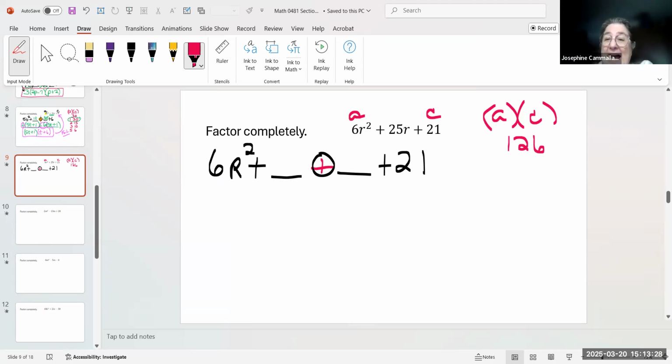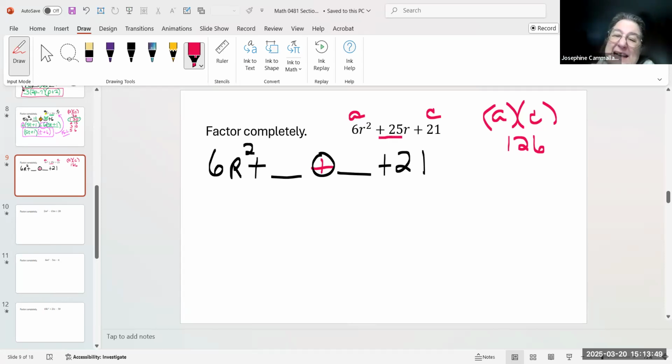Now, I need to then figure out 2 numbers that multiply to make 126 that are going to give me, in this case, 25 in the middle, because I'm adding to get 25.